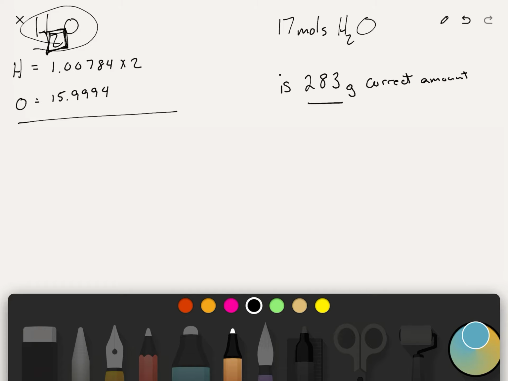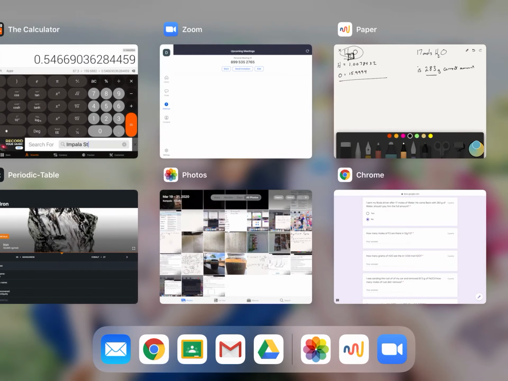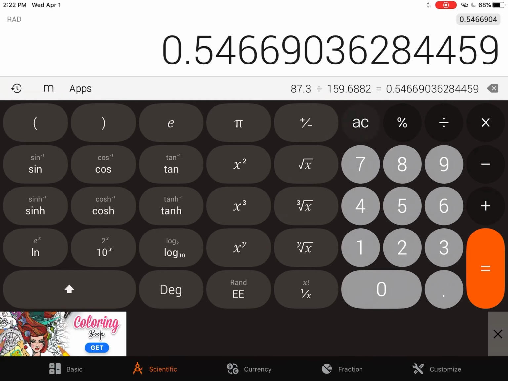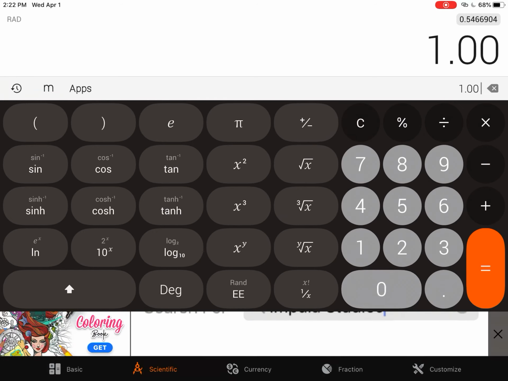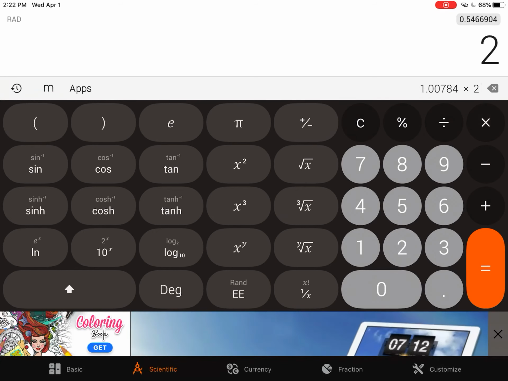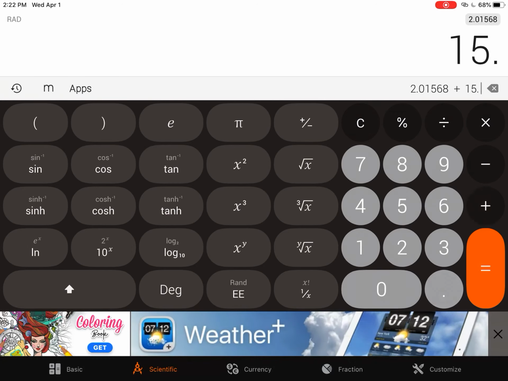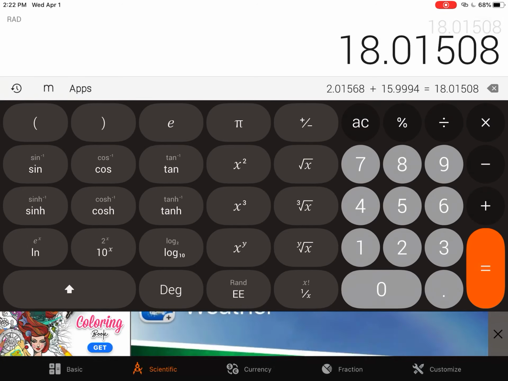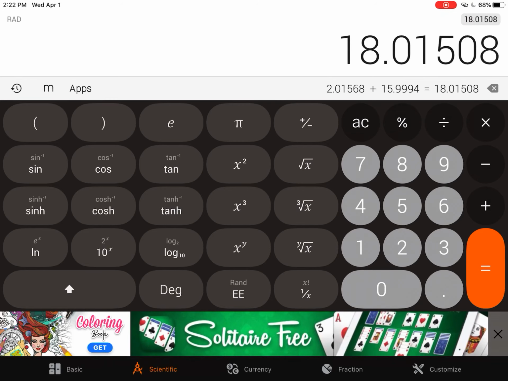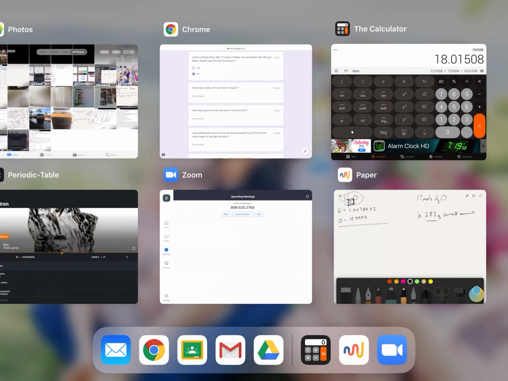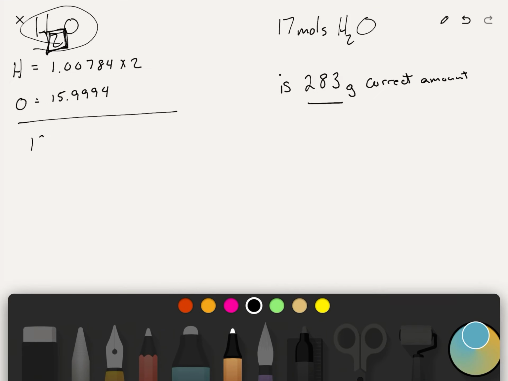So if we take 1.00784 times 2 plus 15.9994, we see that the molar mass of water is 18.01508 grams per mole.